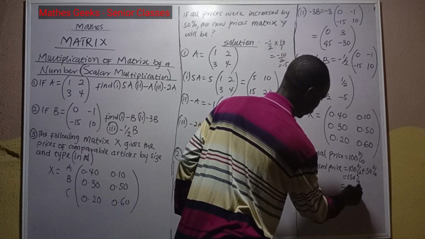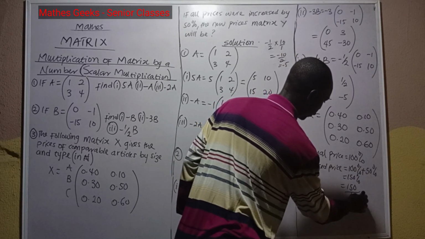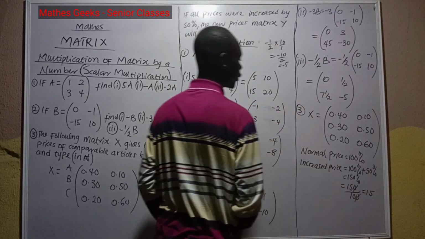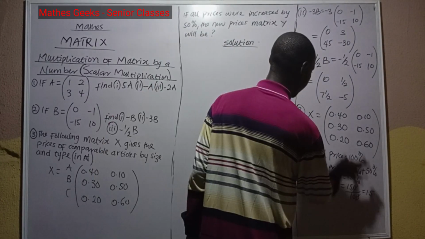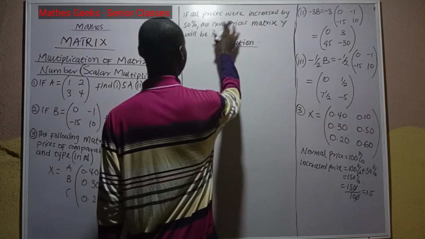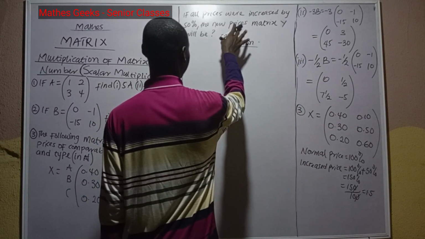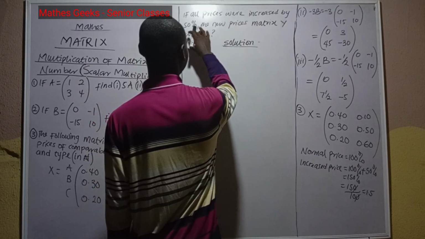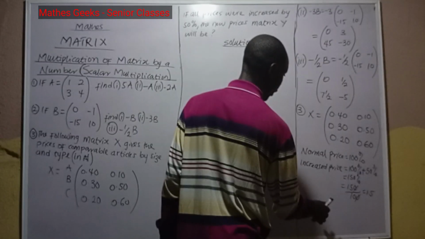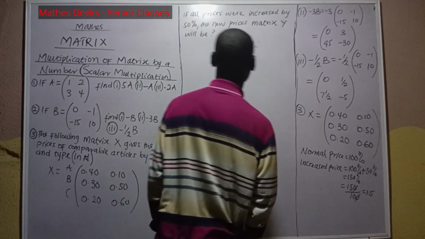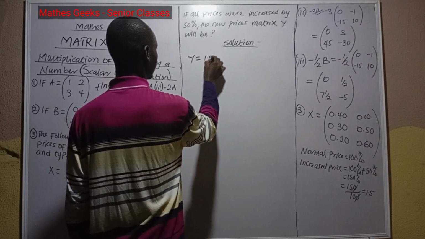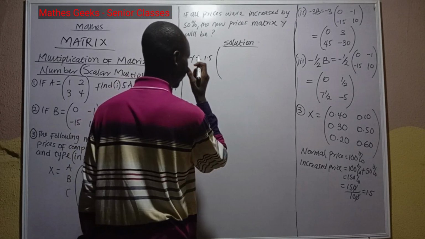That's 150 divided by 100, which is equal to 1.5. So since the price increased by 50%, the new matrix Y will be affected by the factor 1.5. So matrix Y is equal to 1.5 of matrix X.